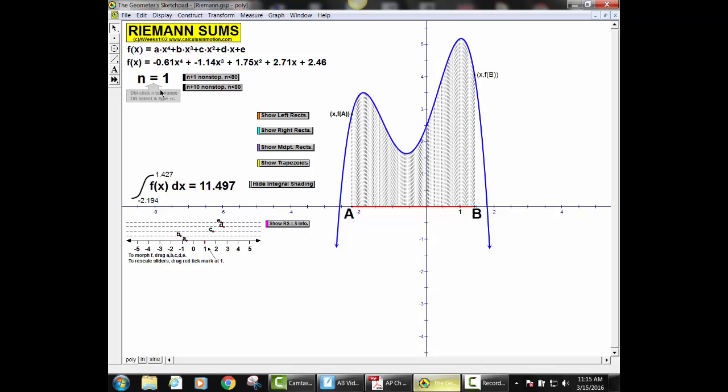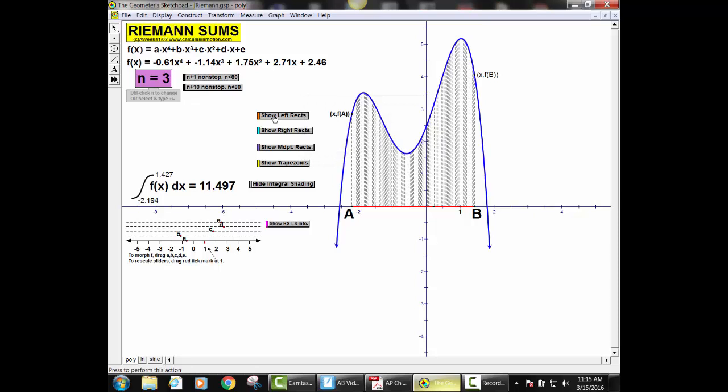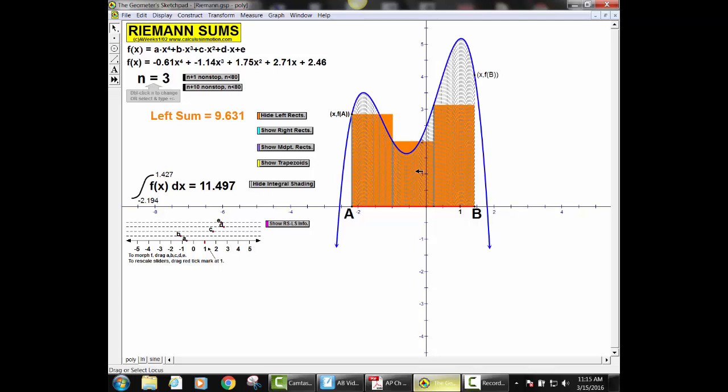So I'm going to show you, double click, how I'm going to start with, say, 3 rectangles. I'm going to show you what are called left endpoint rectangles. That would give me a pretty good approximation.